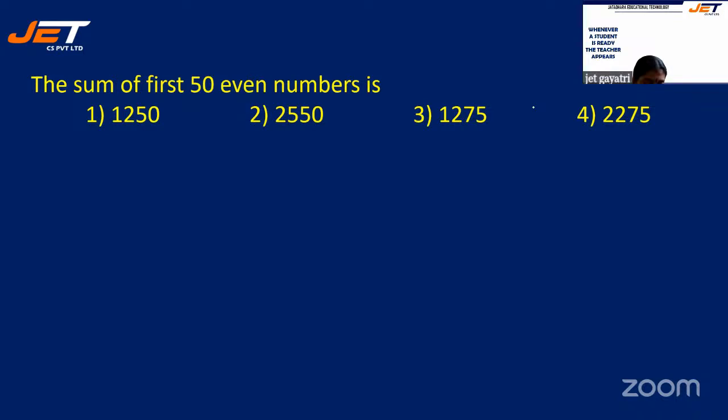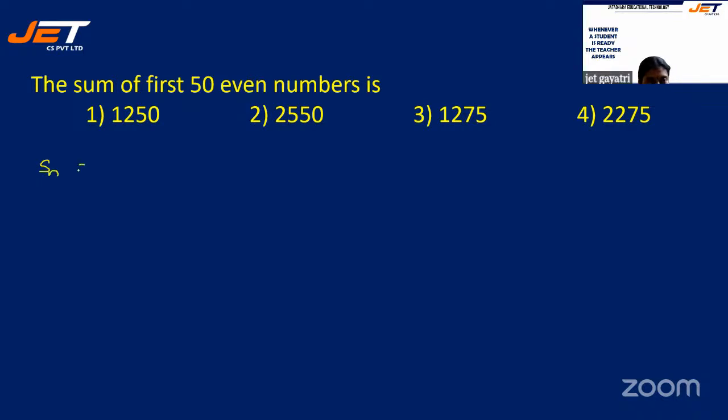Four options are given: 1250, 2550, 1275, and 2275. For this we use the sum to n terms formula.